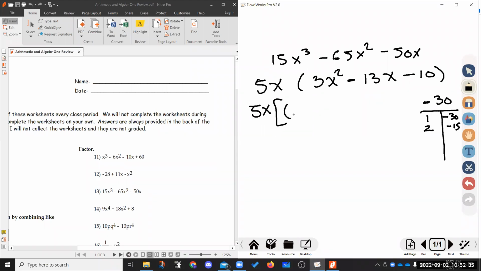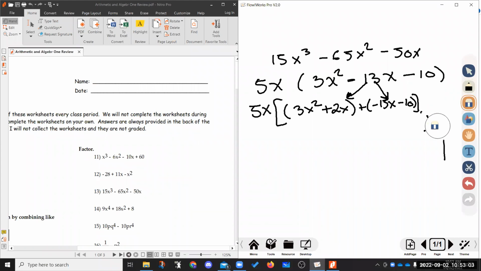So I'm going to have 3x squared plus 2x plus a -15x minus 10. So I've split the -13 up into a +2 and a -15, and we're going to do this factor by grouping thing that we have done. Let me erase this.